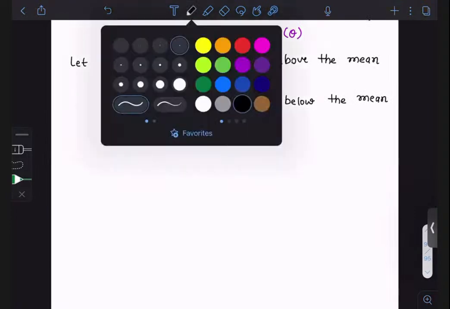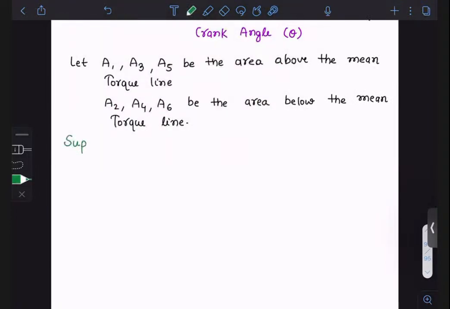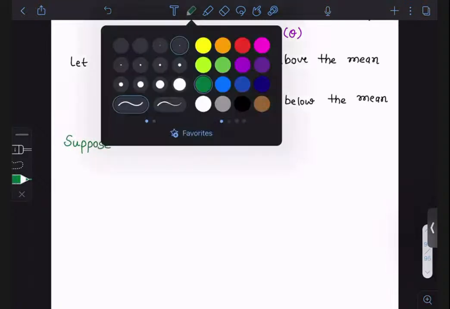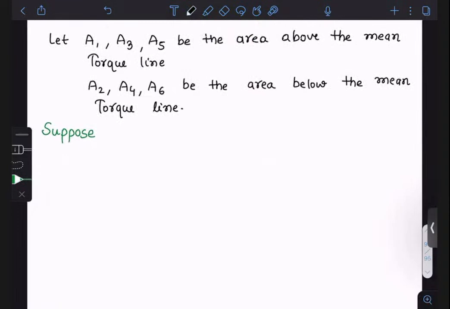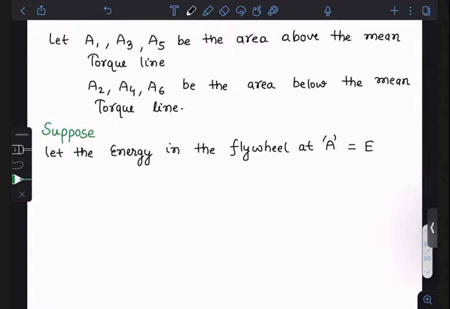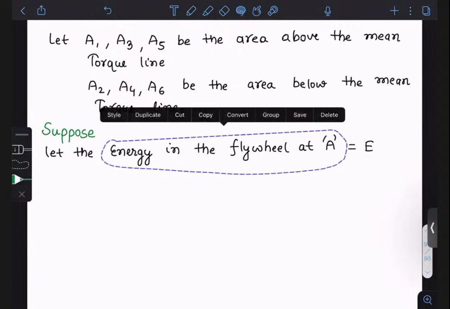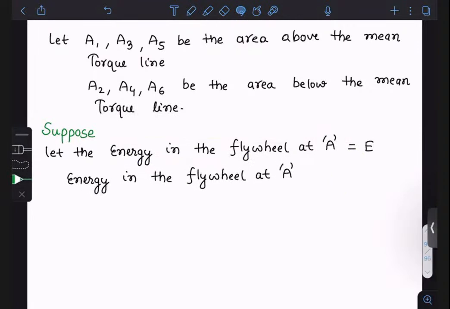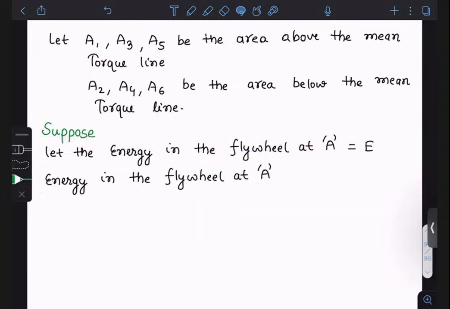See everyone, suppose let the energy in the flywheel at A is E, and the energy in the flywheel at point B, right?